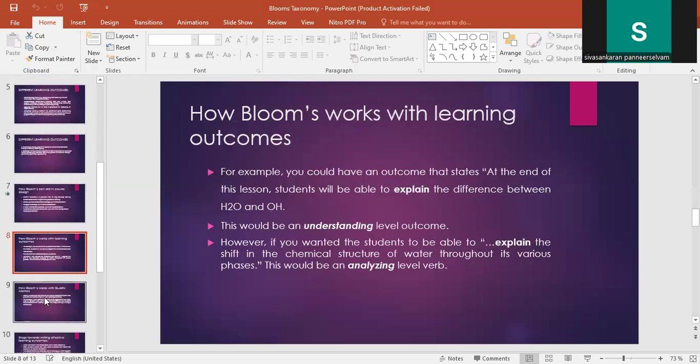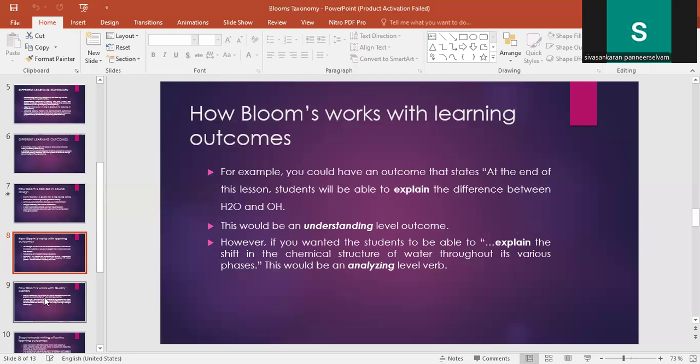Now, Bloom's taxonomy is very helpful in making learning outcomes for effective classroom teaching. Here a simple example has been given. At the end of every lesson, the students will have the ability to understand the difference between, for example, the molecular structure of water and hydrogen.